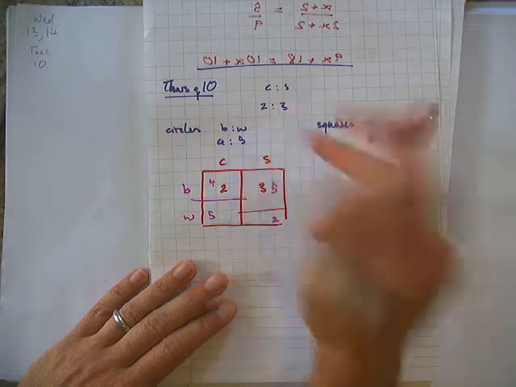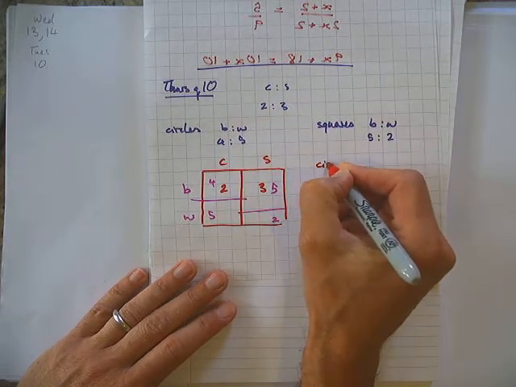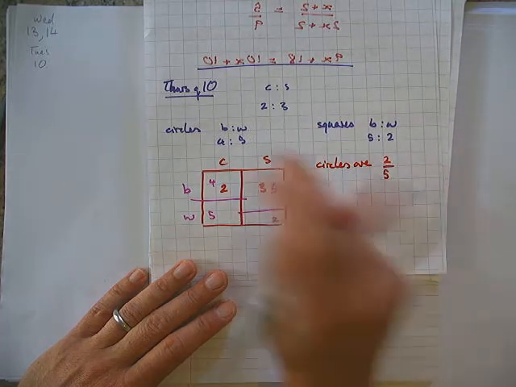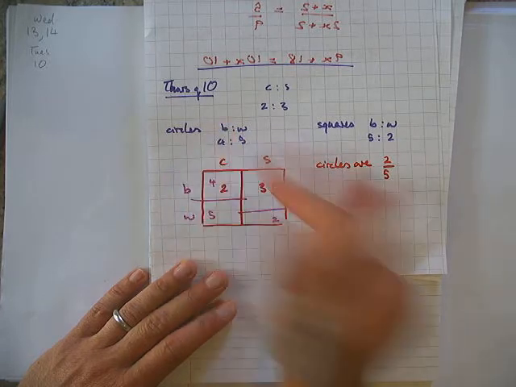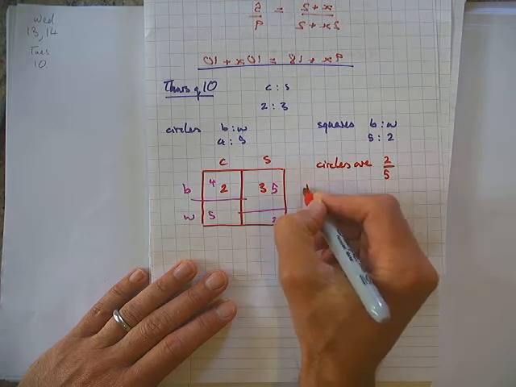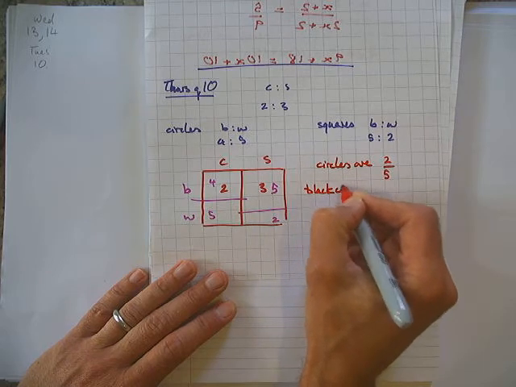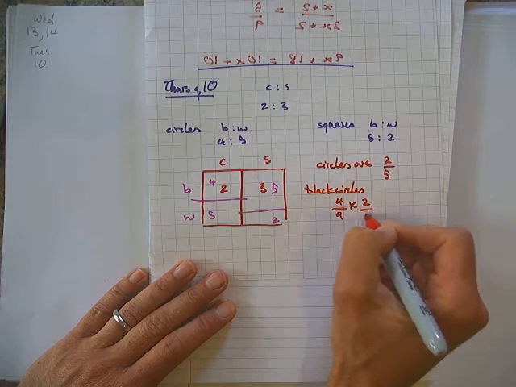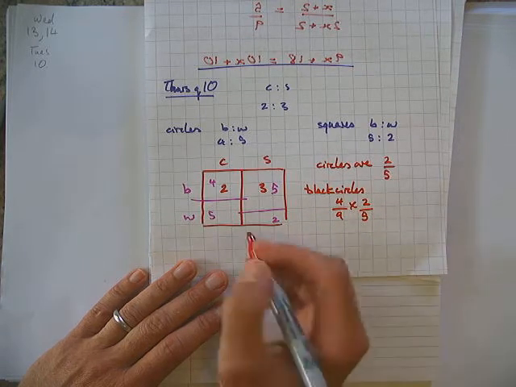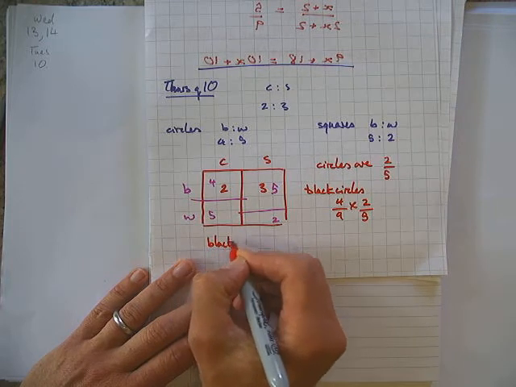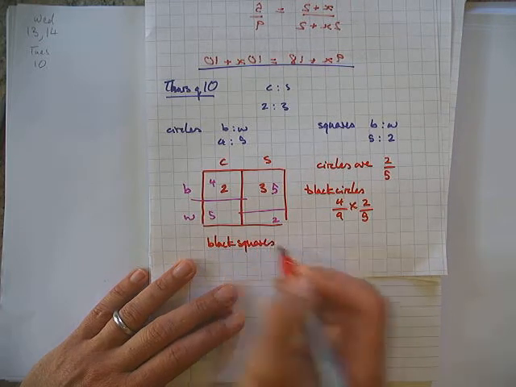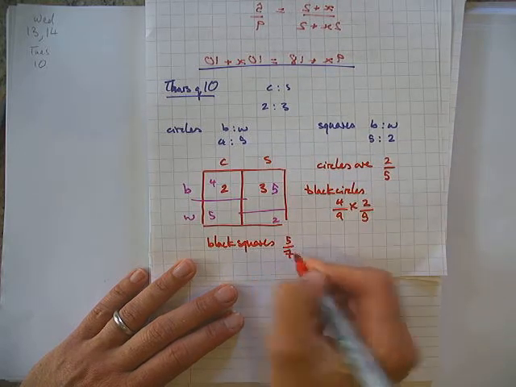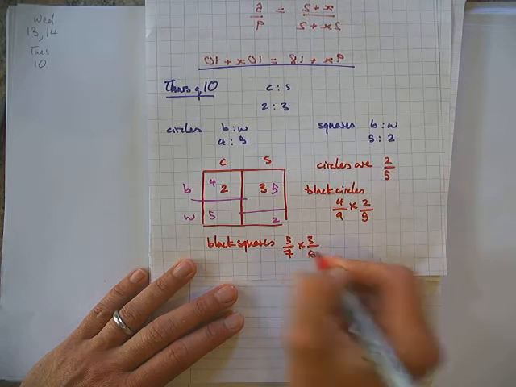Right, 2 parts and 3 parts, so 2/5 and 3/5. Circles are 2/5 of everything. In the circles, 4/9 are black. So black circles are 4/9 times 2/5. Black squares are 5 and 2, 7, 5/7 of 3/5.